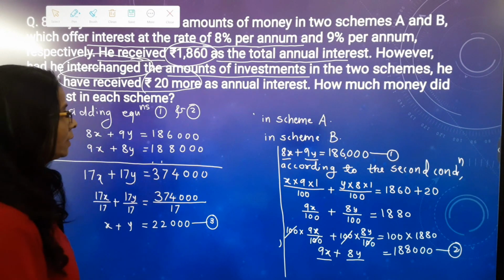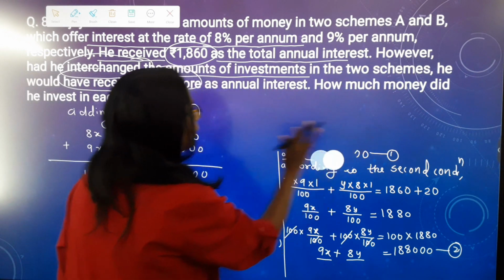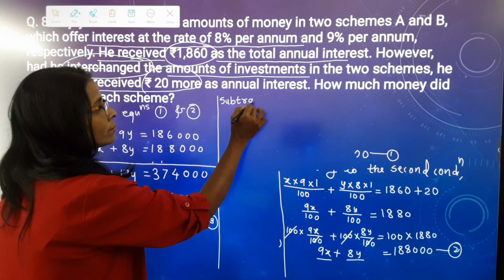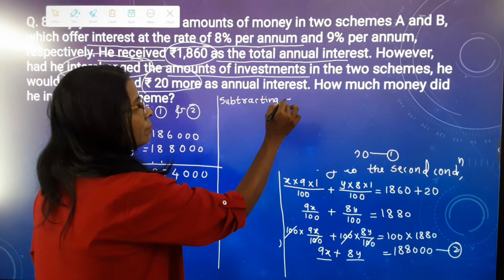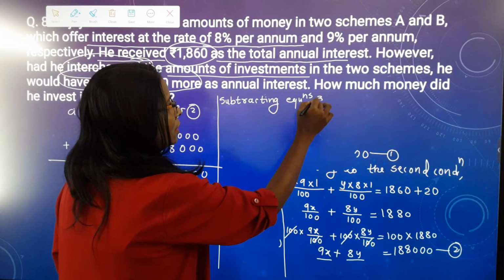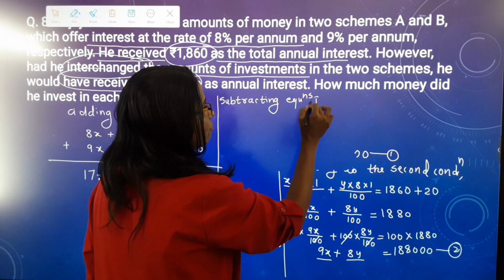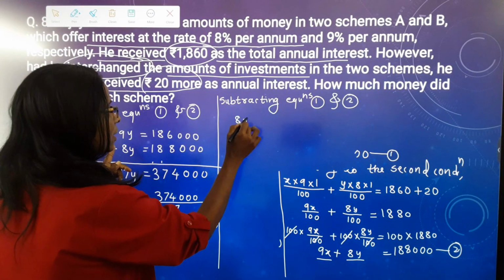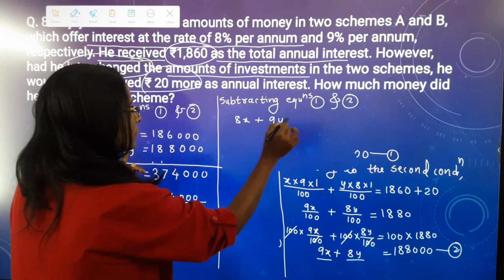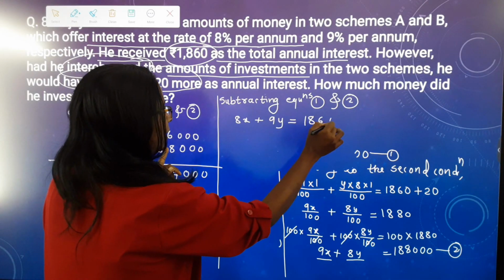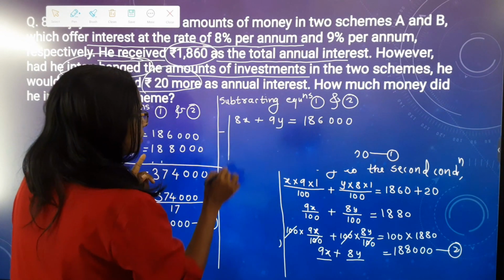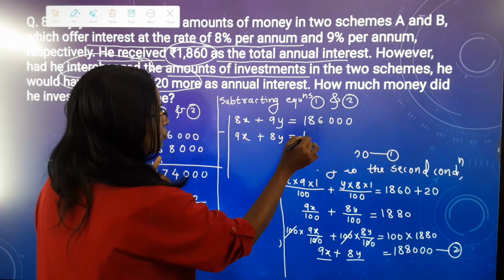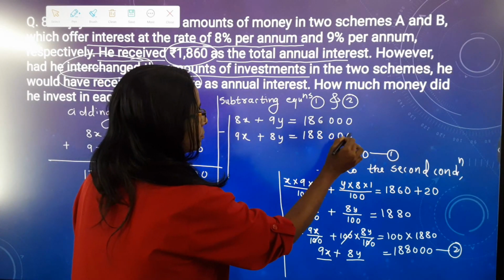Okay, students, and then the next step is subtracting equations 1 and 2. So first, 8x plus 9y is equal to 1,86,000 minus 9x plus 8y is equal to 1,88,000.